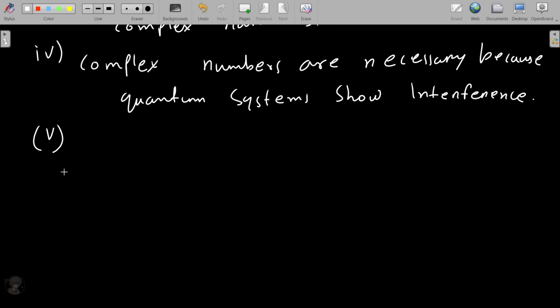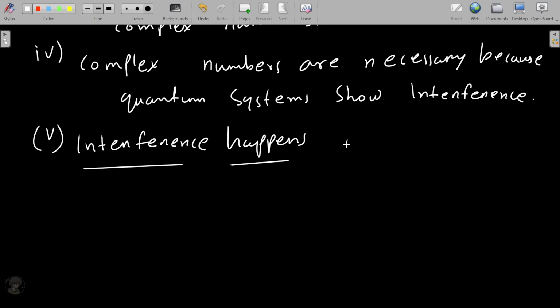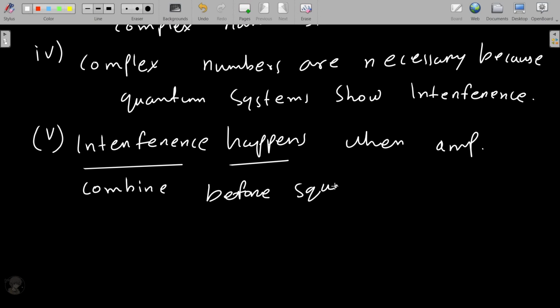The fifth point: interference happens when amplitudes combine before squaring.